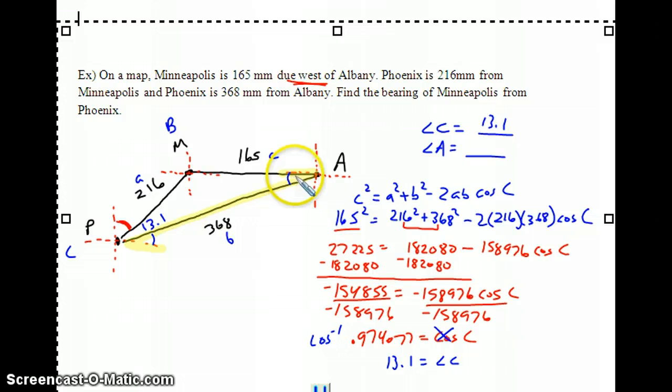Now we're going to find angle A, so that we know this angle outside of the triangle, to help us find this angle over here, which is really what we're looking for as our final answer.